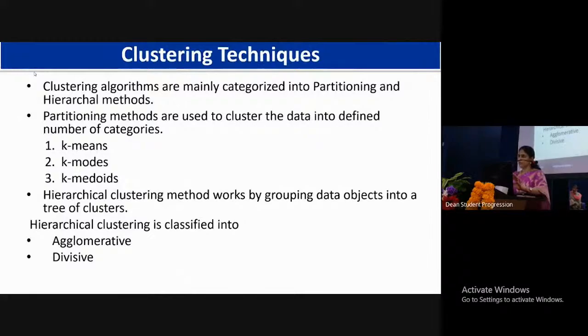For agglomerative clustering, we have a bottom-up approach and a top-down approach with divisive clustering, where you can use hierarchical clustering in either of these approaches. So this is just an overview of your supervised and unsupervised machine learning algorithms.